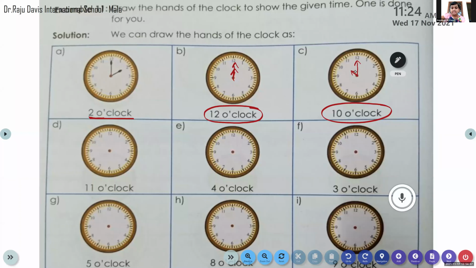Okay, now all of you close your book and listen carefully. I'm going to explain how to draw the clock.